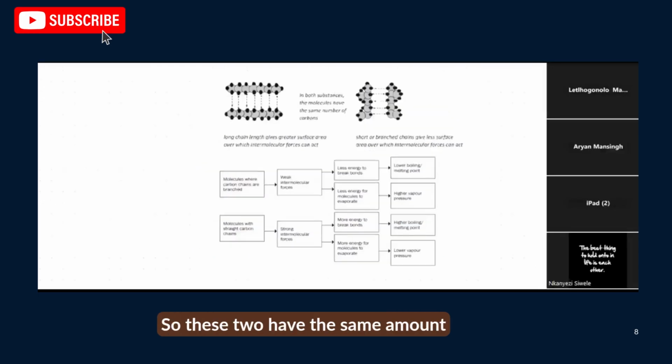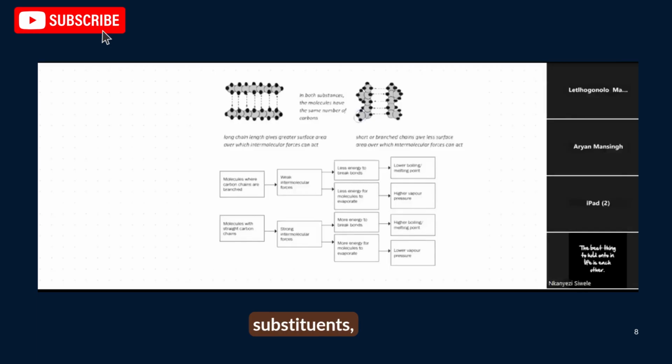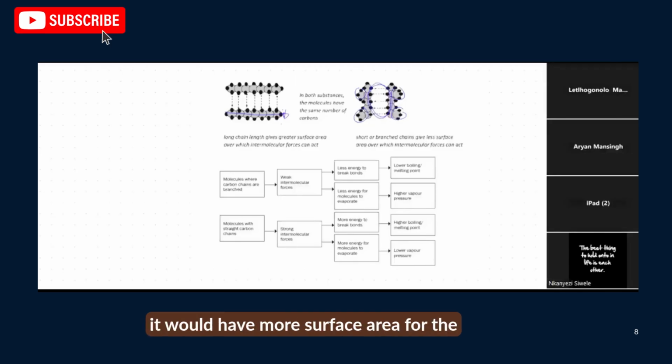So these two have the same amount of carbons, but the problem is that this one here has substituents. This one here is just long. So this, because of its substituents, would have fewer sites for the intermolecular forces. And because this one is just long, it would have more surface area for the intermolecular forces.